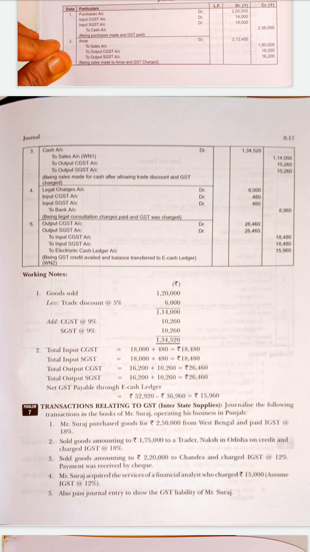So the 7th problem relates only to interstate supplies, that is, between two states. So IGST alone will apply, but in the 8th problem, by reading each and every transaction you have to analyze and check whether it is interstate or intrastate.